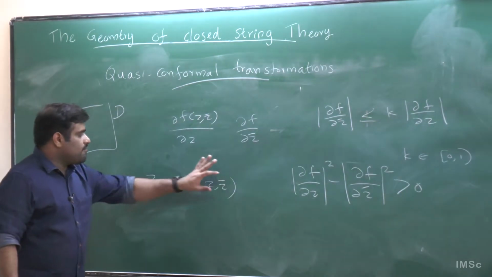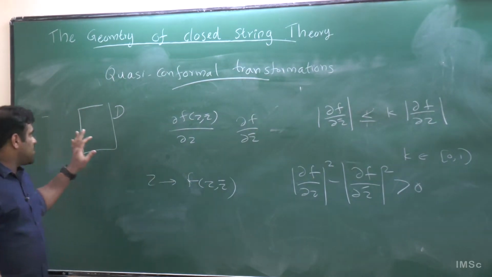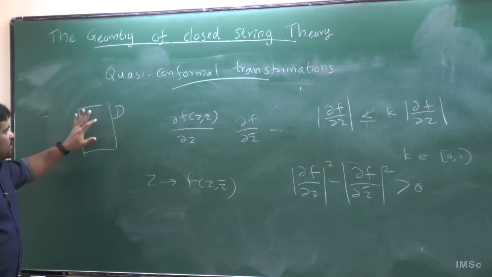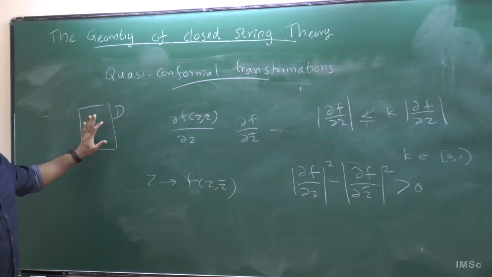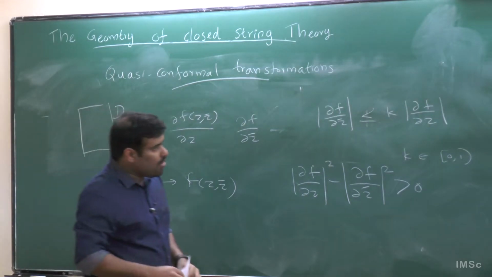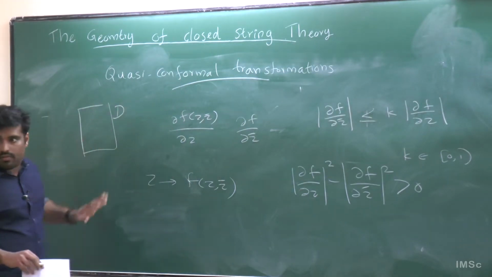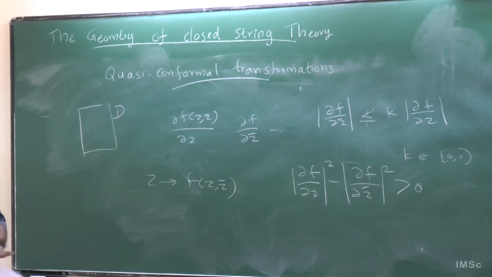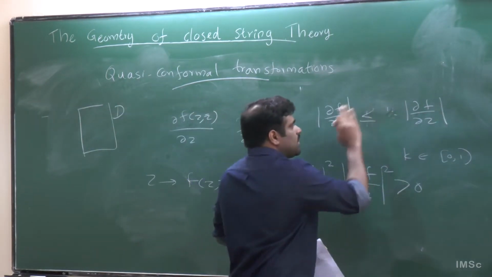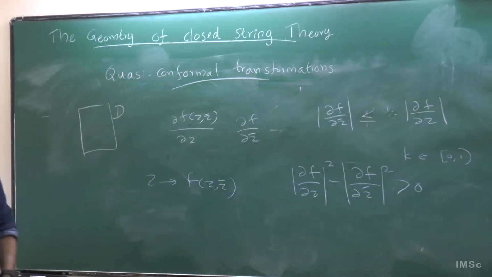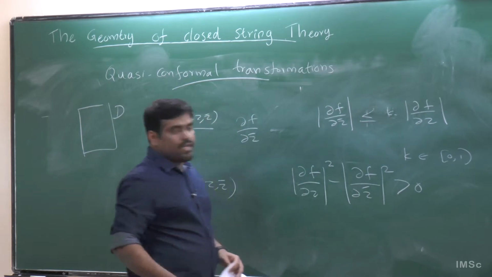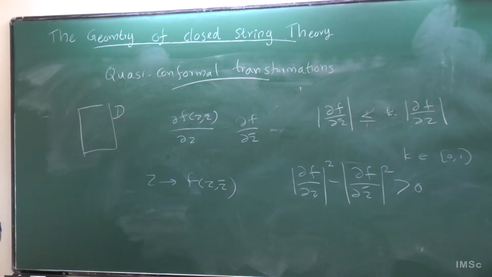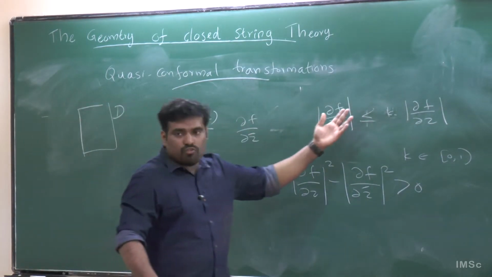When f is not a conformal transformation, that means we are trying to change the complex structure of domain D. So that's the statement. Here I allow the possibility that k can be equal to 0 as well, so that it's more clear. So it can be a conformal transformation as well.